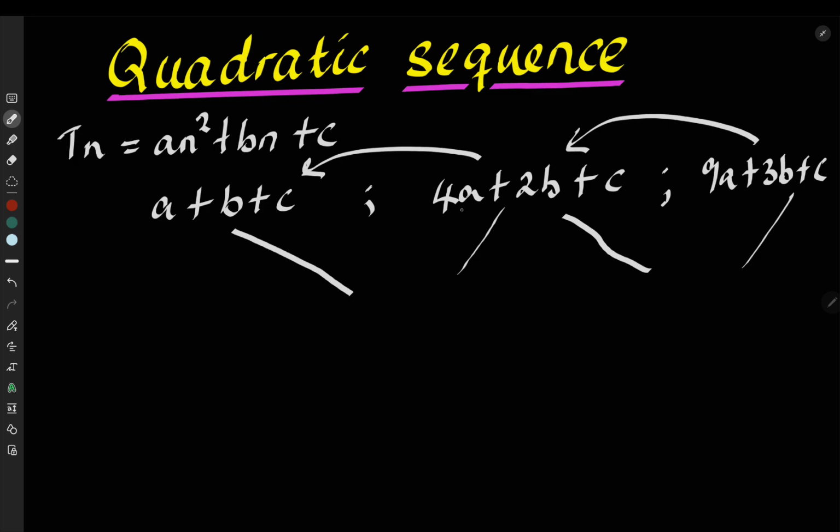So on the first one, we have 4a minus a, that will be 3a, then 2b minus b, that will be plus b, then c minus c will just be 0. Then here, you've got 9a minus 4a, that will be 5a, then plus 3b minus 2b, that will be b, then c minus c, it's 0.